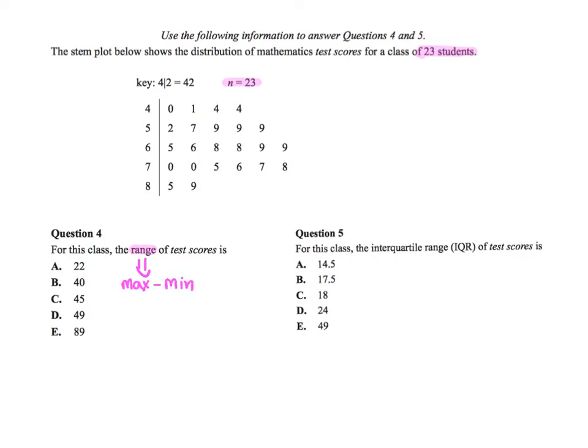So if I read off this key, the key says it's 42 like that, so the minimum is here, which is 40, and the maximum is this one, so, sorry, the other way around, 89 minus 40, which would then be 49.